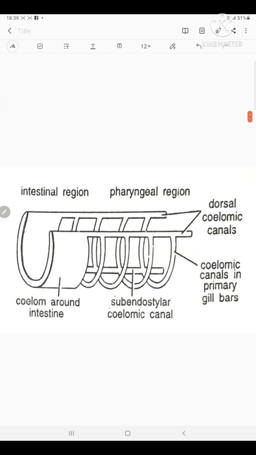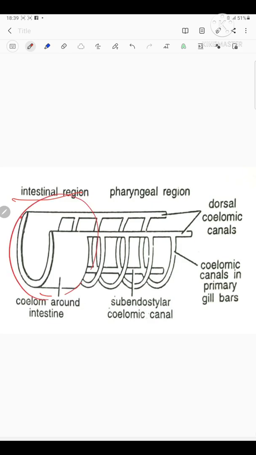This one, it is the intestinal region, where it is spacious, and in the pharyngeal region it is much reduced. Beyond the atriopore and up to the anus, it is highly expanded or a spacious cavity, but in the pharyngeal region it is much reduced.